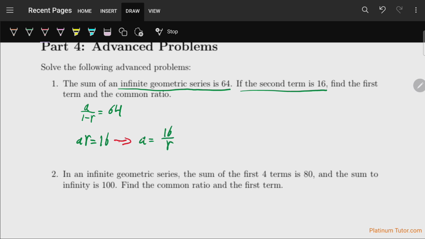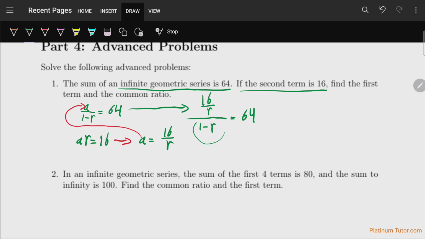Then I'm going to take this A and plug it into the top equation. And so we're going to get 16 over R all over 1 minus R. Maybe I'll write it here. 16 over R all over 1 minus R is equal to 64.